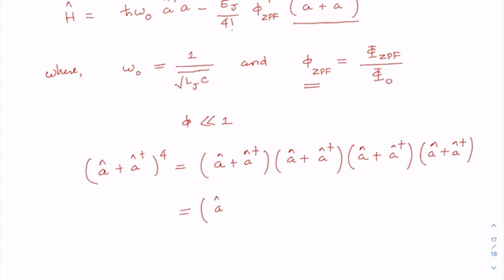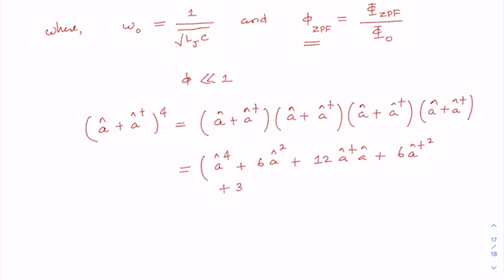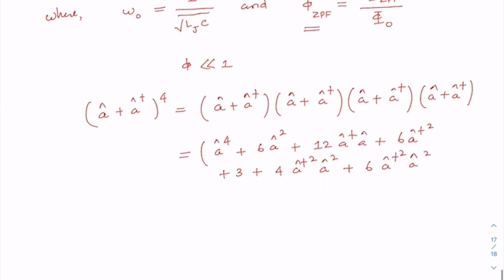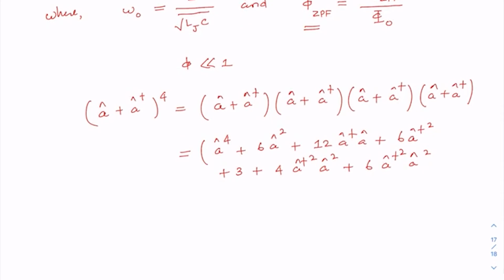Let me write down. You will get A to the power 4 plus 6 A square plus 12 A dagger A plus 6 A dagger square plus 3 plus 4 A dagger square A square plus 6 A dagger square A square. In fact, this is 4 A dagger A cube.